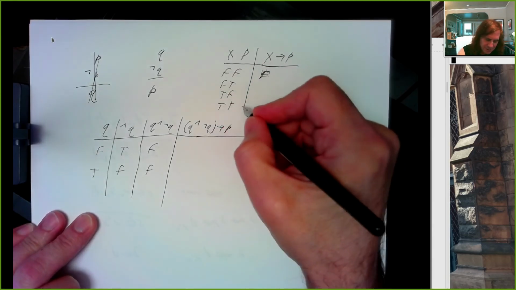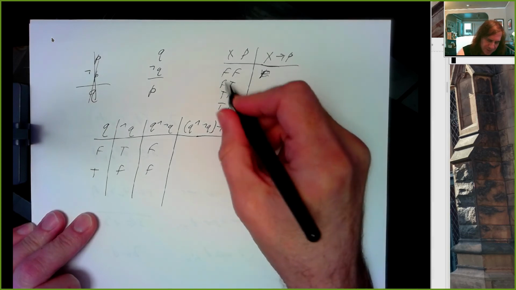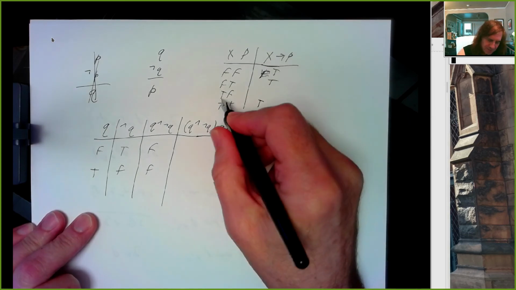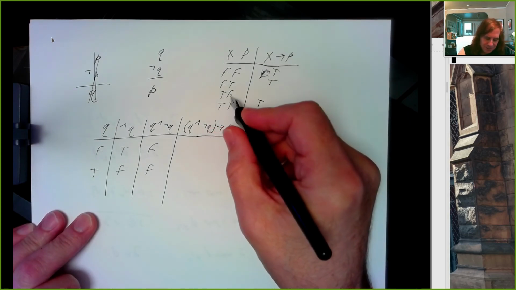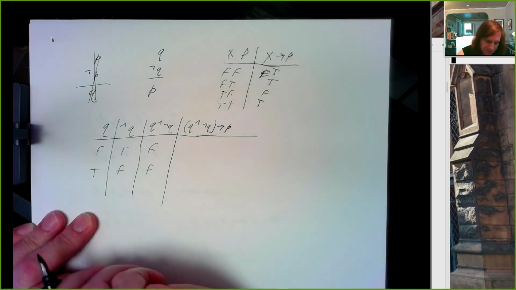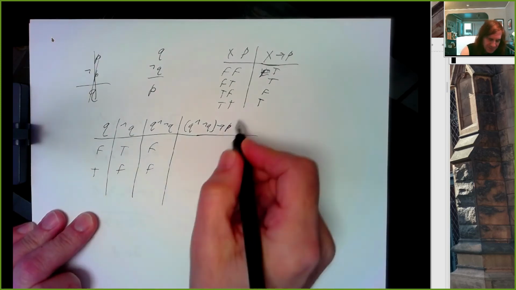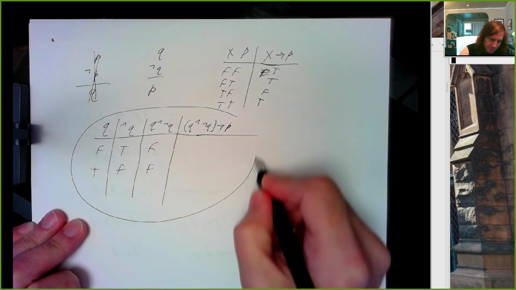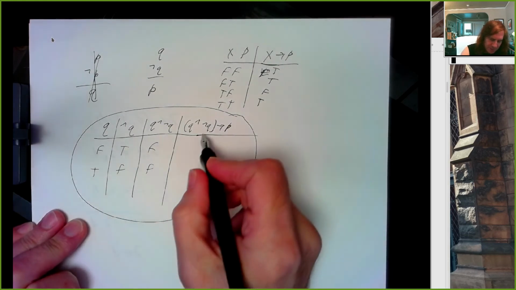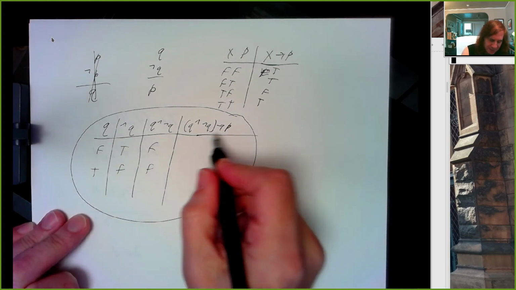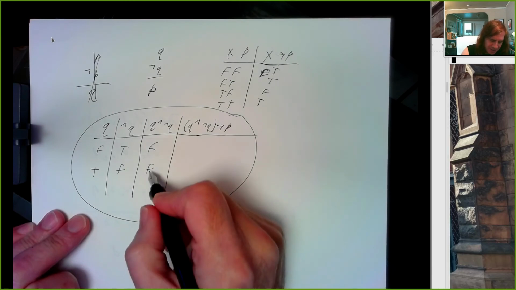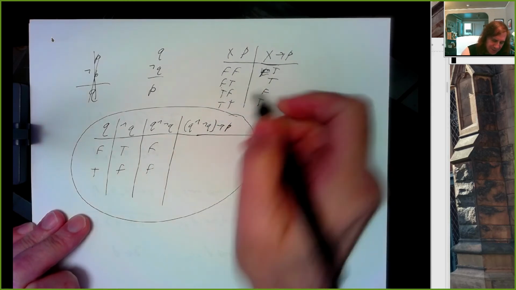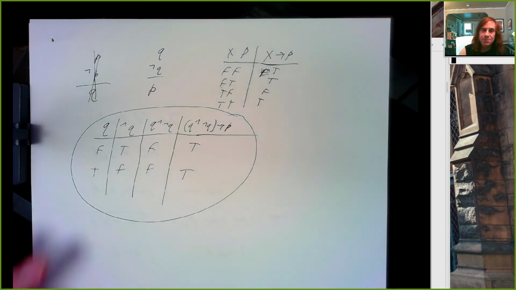So if x is true and p is true, this is true. If x is false, this is always true. If the hypothesis is true and the conclusion is false, this is false. So to fill in this truth table, we're looking at a column where we have x implies p, where x is always false. It doesn't matter what the value of p is. This implication is always true.